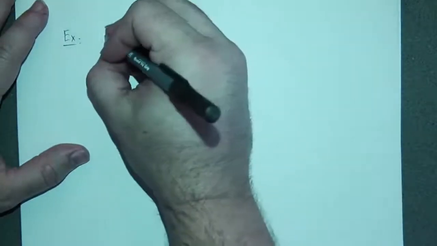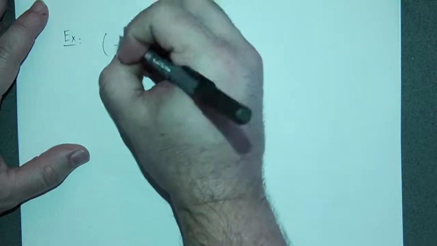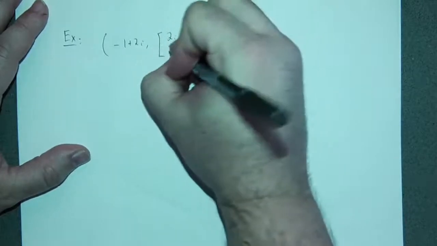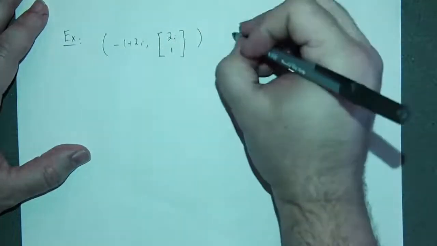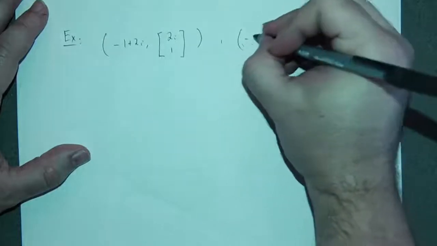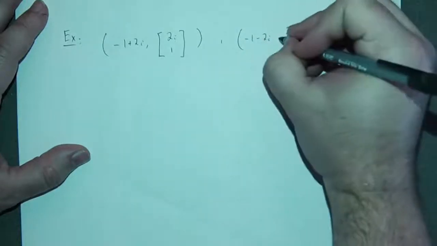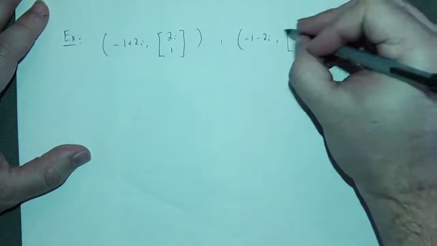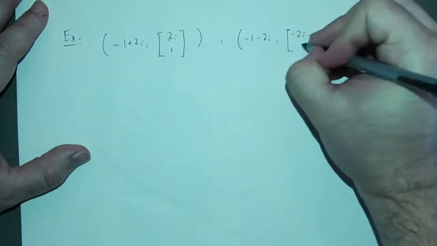So let's do the exact same thing for an eigenpair that looks like -1 plus 2i with eigenvector (2i, 1). Now this is enough to tell me the other eigenpair, but I'm just going to write it anyway. This is -1 minus 2i, and then I can just take the conjugate, so this is (-2i, 1).